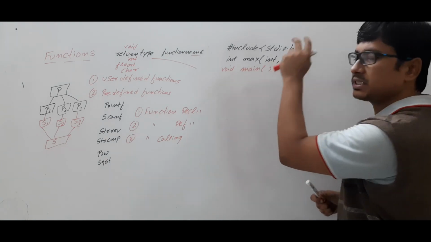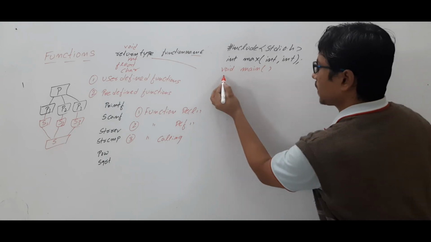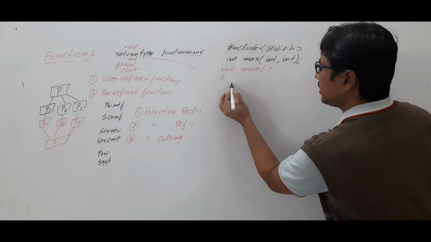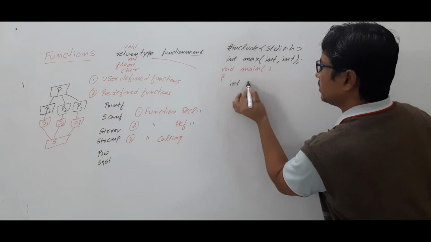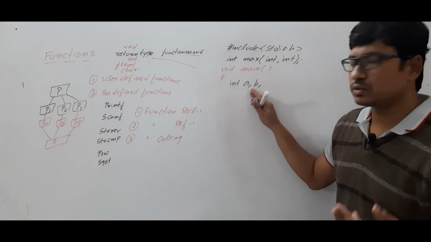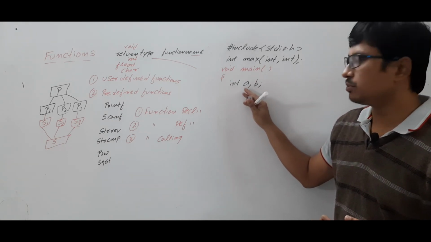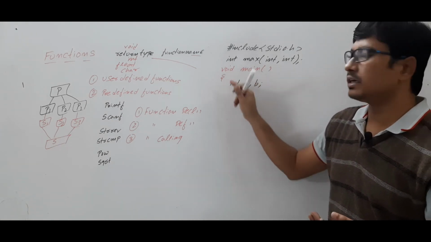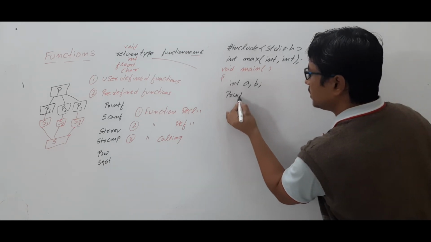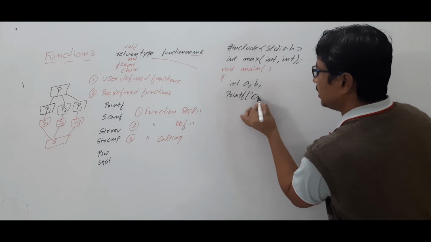Whereas the number of parameters here is 2. Void main. Then you can ask the user to enter the two values. To store them, you need to create variables a and b, and the data type is int. Now I will ask the user to enter the a value and b value.